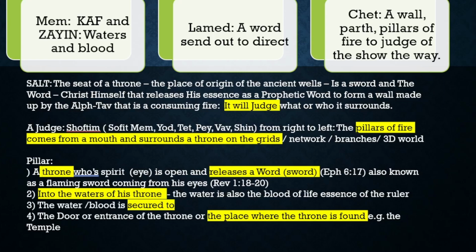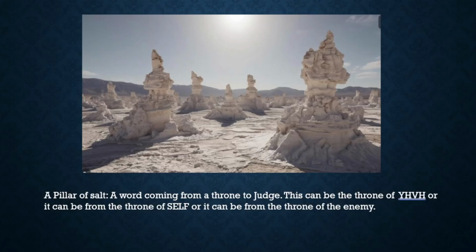So that pillar is either going to be a righteous pillar in the temple of Yahweh, or it's going to be a pillar isolated from Yahweh's waters. So it is a salt pillar. A pillar of salt is a word coming from a throne to judge.